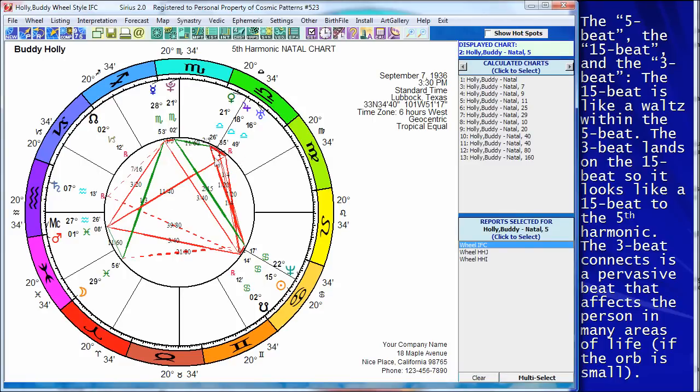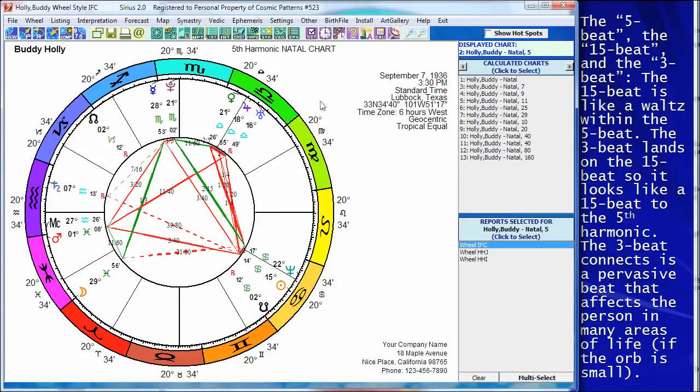You can just take my word for it. That's the sesquiquadrat aspect. Oh, sorry, no, it's a 41 minute orb. 1 Pisces 08 to 16 Libra 49 is a 3/8 aspect, a 135 degree aspect with a 41 minute orb. Now what will happen to this aspect when I go to the 10th harmonic?